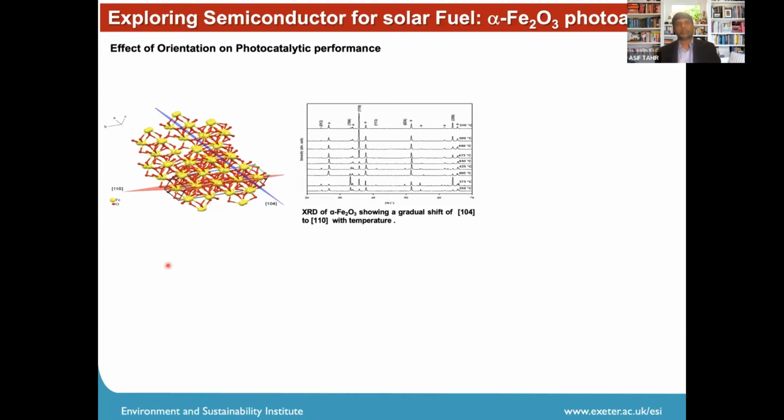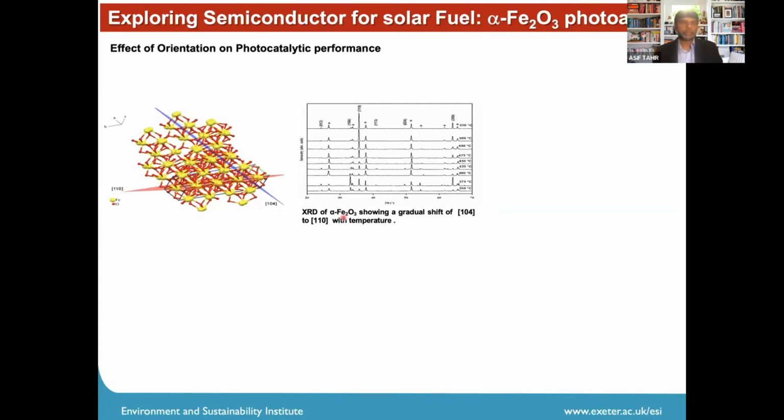As the iron oxide has a lower conduction band than the redox reaction of water, iron oxide can be used as a photoanode or for oxygen evolution reaction in water. When it is an oxygen evolution reaction, it has to interact with the OH ions in the electrolyte or in water. And for the OH ion interaction, it is preferred that the iron should have a partial positive charge, or it should be terminated by the 110 orientation.